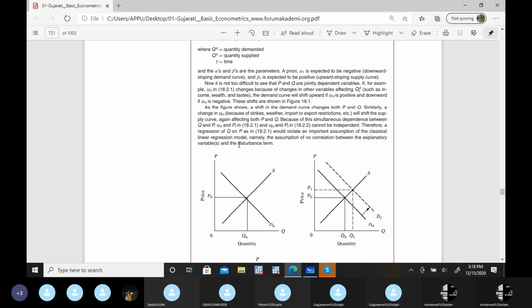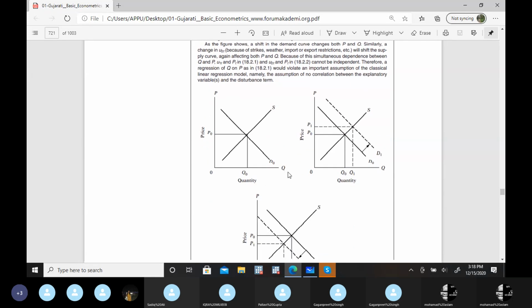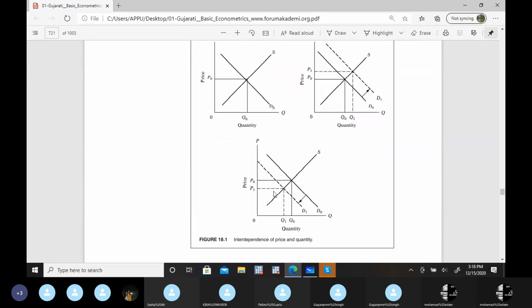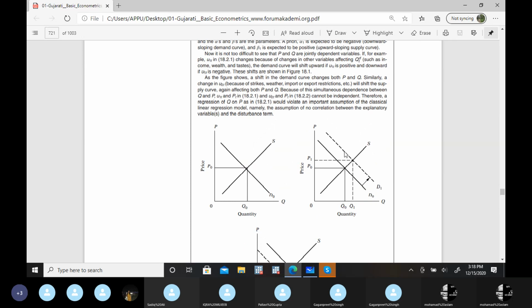Because, for example, let's take this supply function shifting downward because of strikes, weather, import and export, it may shift downward. And we have these two points. So we may guess that this is a supply function. On the other hand, if it shifts upward, we may guess that it's a demand function.